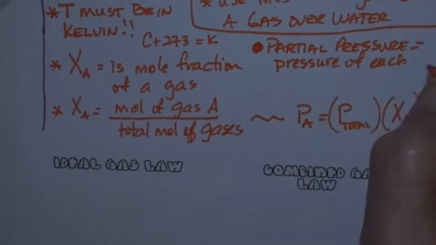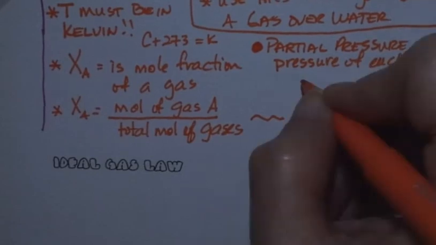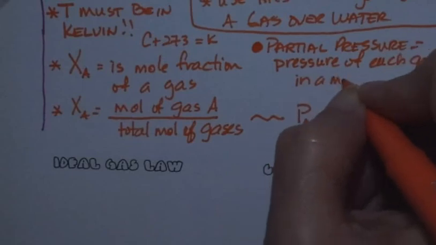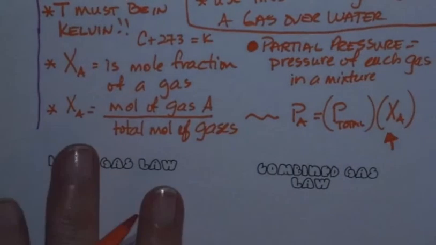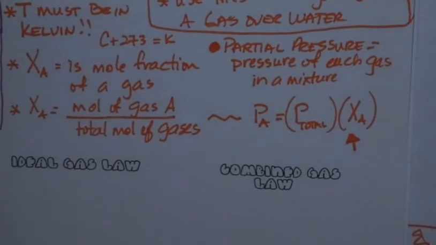And the reason this is important is because, unless you're doing things in a vacuum where you're actually really focused on what gases are there, it's going to be a mixture. And think about this. If you have two gases that react, unless you have the exact amount and everything is perfect like you would have it on paper, then you're going to have three gases at the end. Let's say you've got two gases and they chemically react to form a third one. You're going to have some leftover stuff. And so what you have in the container is not just one gas, it's a combination of those gases.